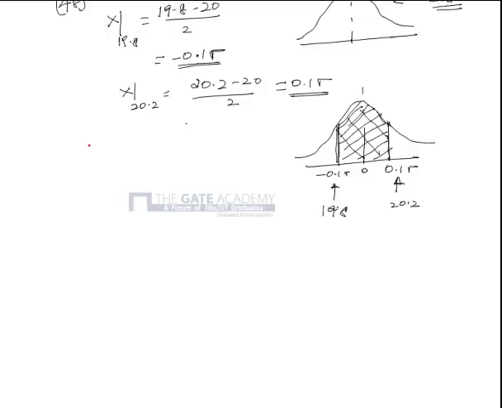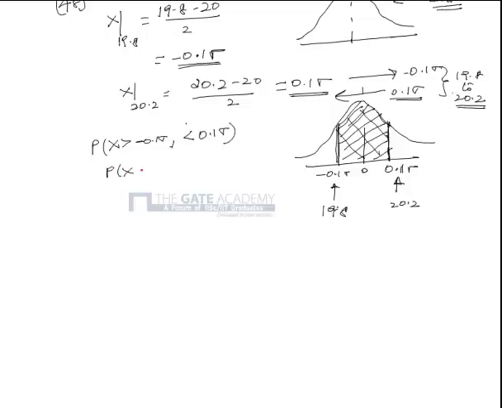P of x should be greater than minus 0.1 sigma and less than 0.1 sigma. First we will calculate the values to the left of 0.1 sigma, then to the right of minus 0.1 sigma. If I subtract these two quantities, what I get is the range between 19.8 and 20.2.